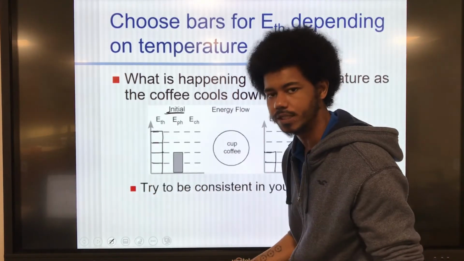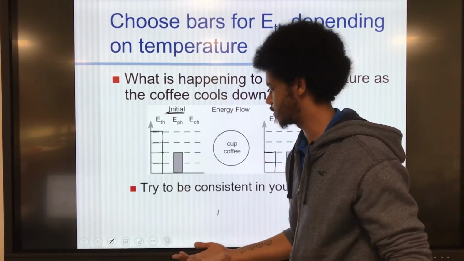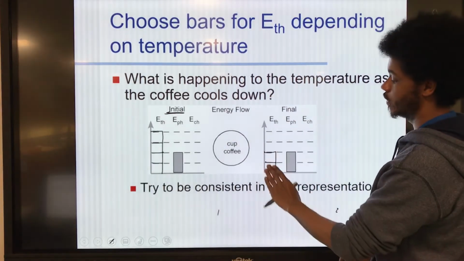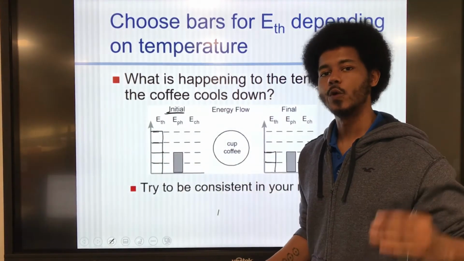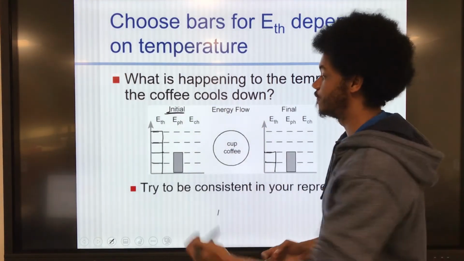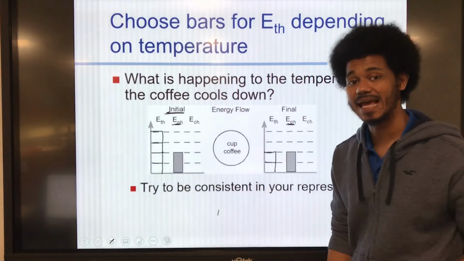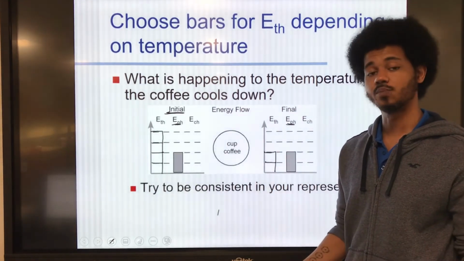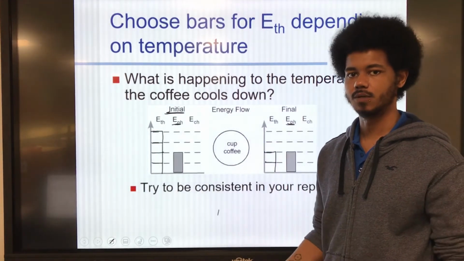It could have been 3 or 2, it doesn't matter. But over here, we've got fewer thermal energy bars. Why? Because the temperature went down. And once again, the phase energy stays the same because all throughout this process, the coffee remains in the same phase, okay?